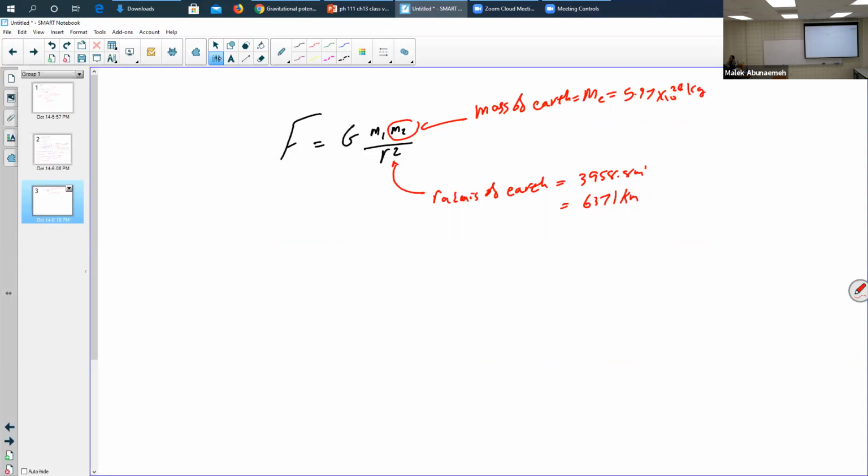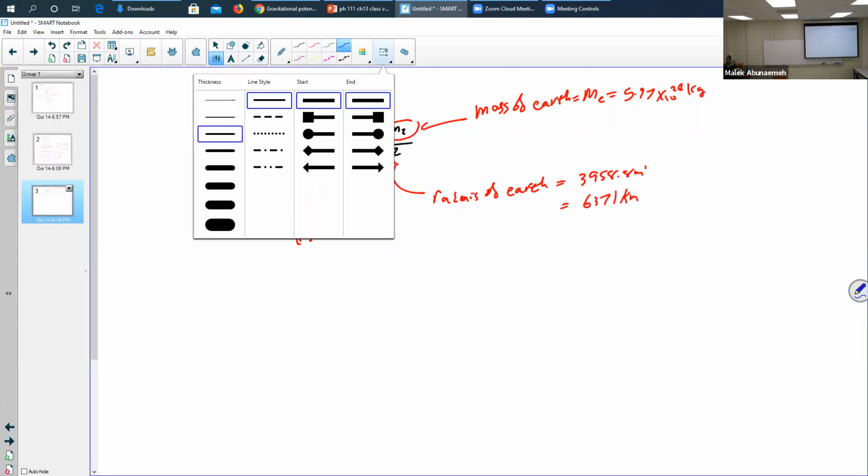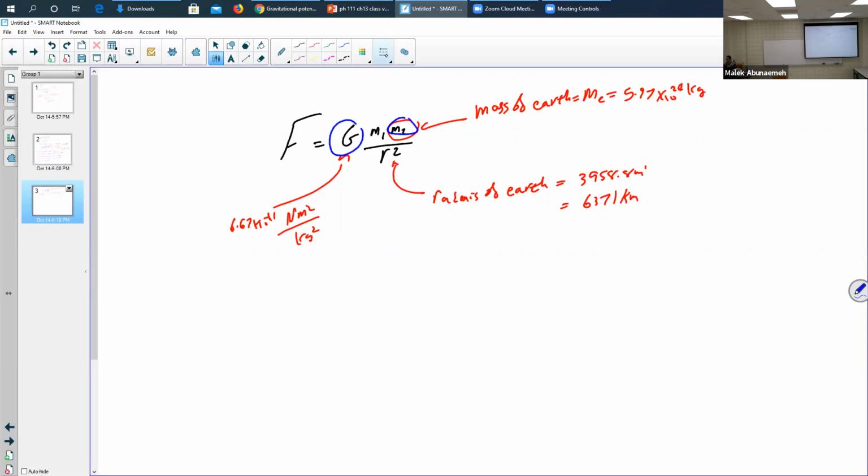So you have a constant G, which Henry determined to be 6.67 times 10 to the negative 11 Newton meter squared per kilogram squared. So you've got three constants: your G, your M2, and your R squared.